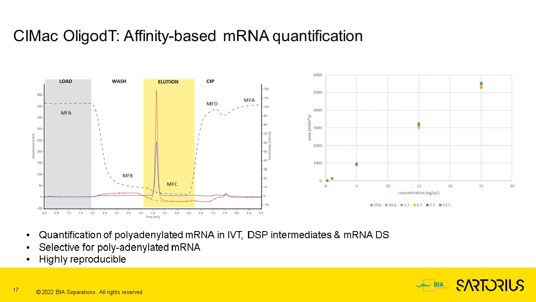Anything that is not polyadenylated will flow through, and polyadenylated RNA will bind, and we can elute it selectively and measure the area under the peak, compare it to a standard curve, and read off the concentration of RNA at this particular point in time in this reaction. We demonstrate that this is a highly reproducible, highly accurate concentration, but it is monitoring only one parameter, namely concentration of mRNA and nothing else.